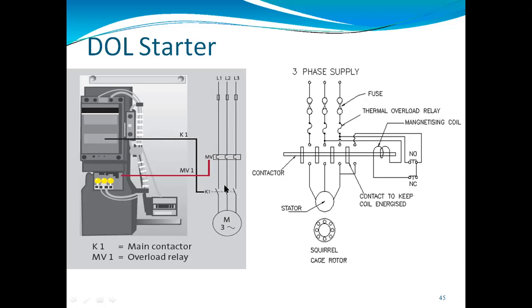So here we can say when we are pressing the off button, at that time the stop button will de-energize the contactor and it will disconnect all three phases to stop the motor. So a small three-phase induction motor can be started by using the direct online starter.